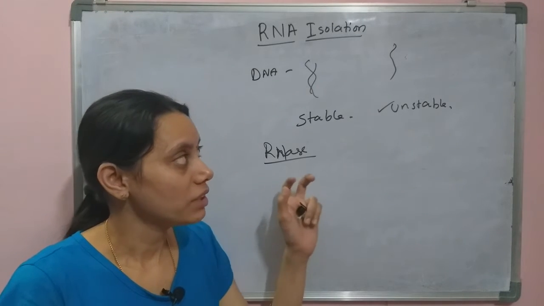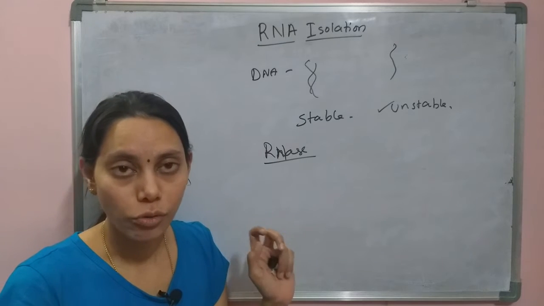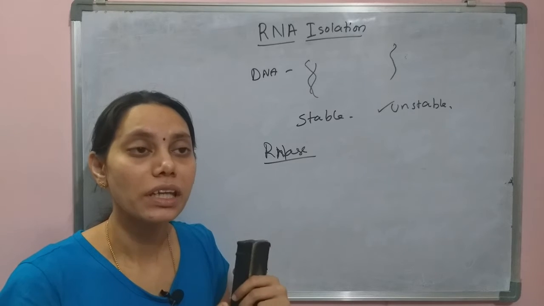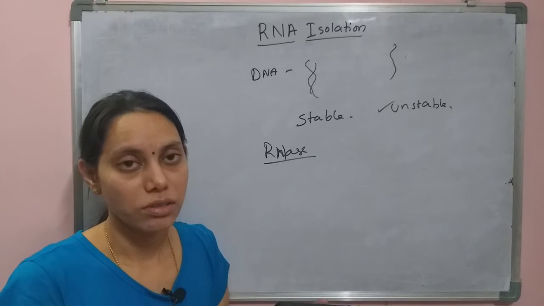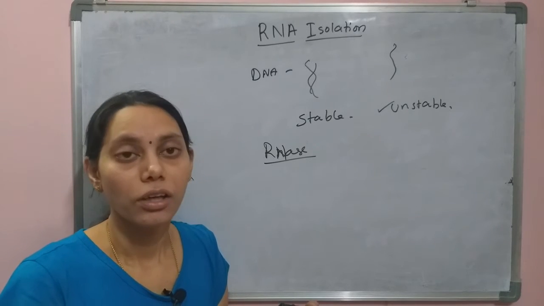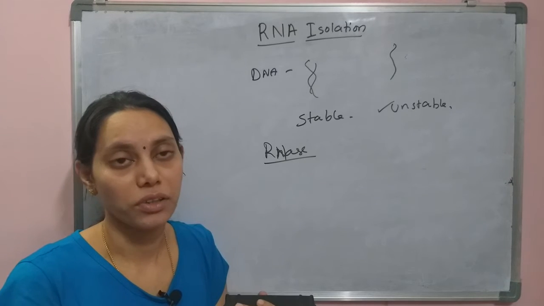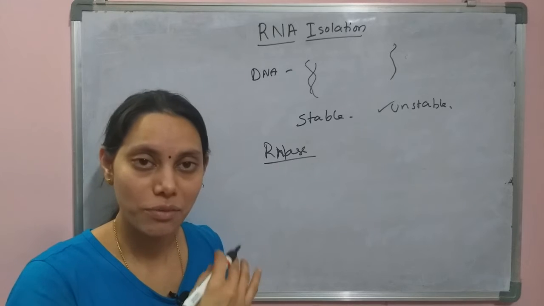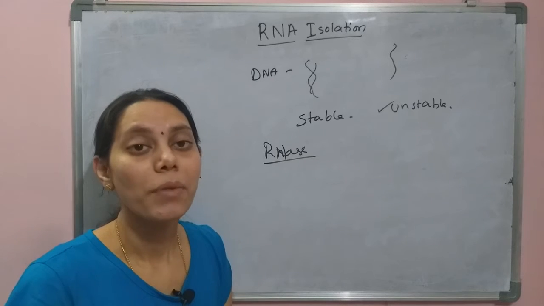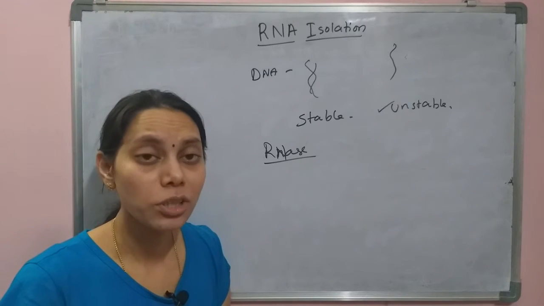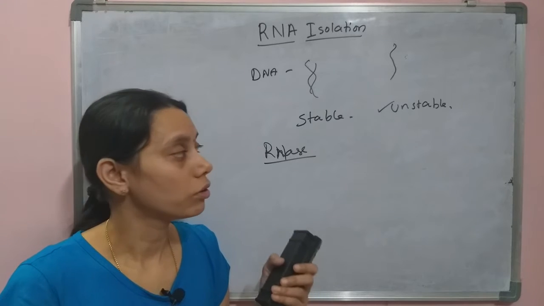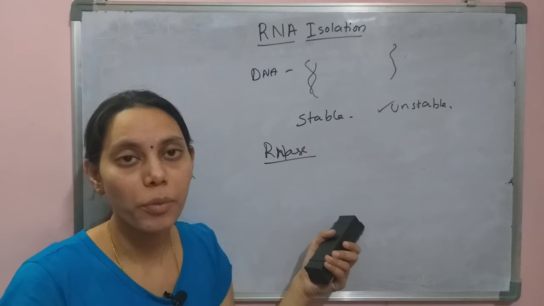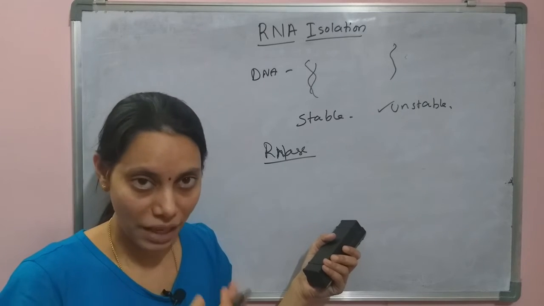So for RNA isolation, we need to go for very highly sensitive methods. You need to always use RNase-free water, and the equipment should be free from RNases. You need to be sure about it to avoid RNases all over the atmosphere where you are performing this experiment.